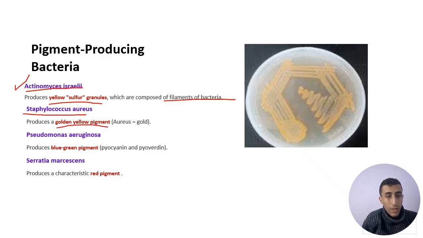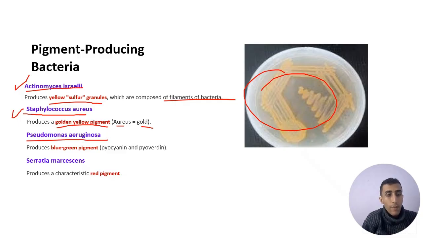You know, aureus equals gold, so Staphylococcus aureus is associated with production of a golden yellow pigment. So yellow sulfur granules with Actinomyces israelii, and golden yellow pigment with Staphylococcus aureus.